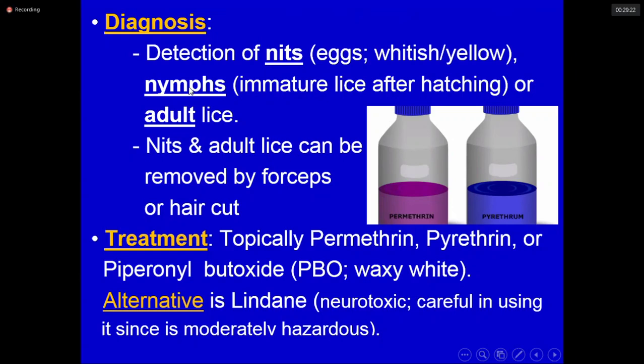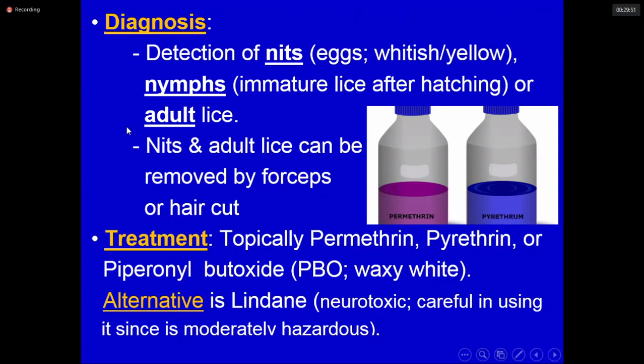What is the nymph? It is a larva-like structure, immature lice after hatching of the egg. So I have an egg, once it hatches there will be a nymph, and the nymph will become later on adult lice. So 3 stages: nits, nymph, and adult.